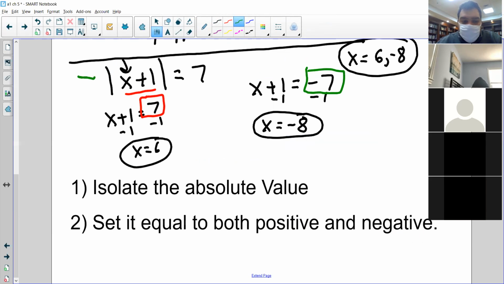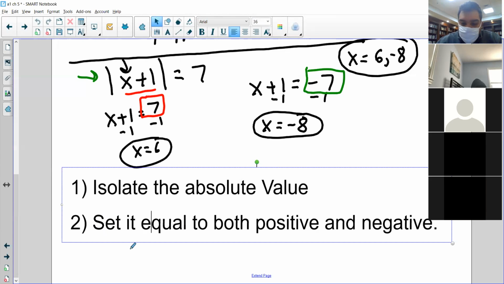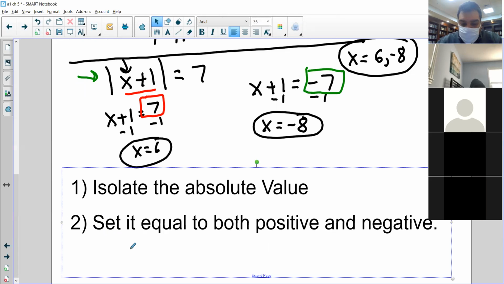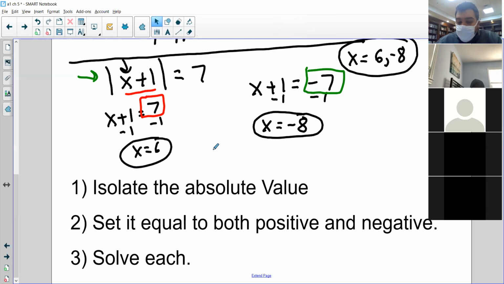Then step 3 is to solve each. So you isolate the absolute value, you split it into a positive version and a negative version, and you solve for both.